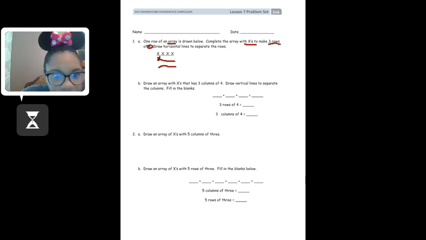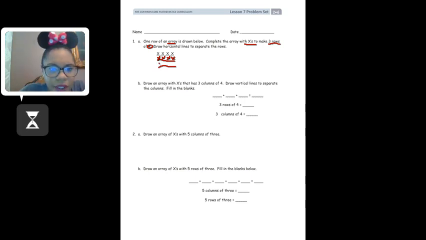So we have 1, 2, 3, 4. So that next row has 1, 2, 3, 4 X's in it. So we have another row of 4. And then we're going to have 1 more row because now we only have 2 rows.